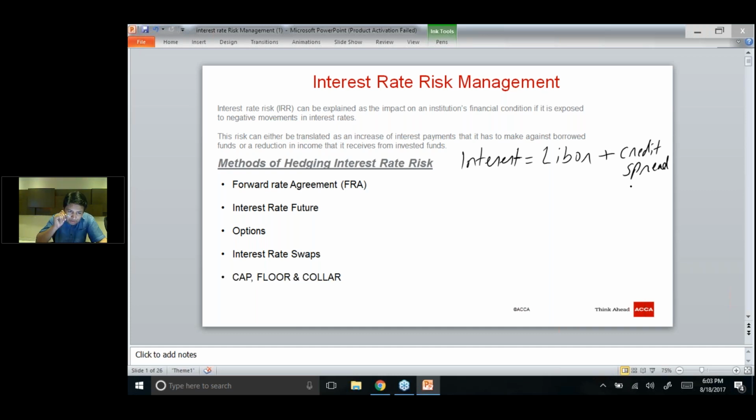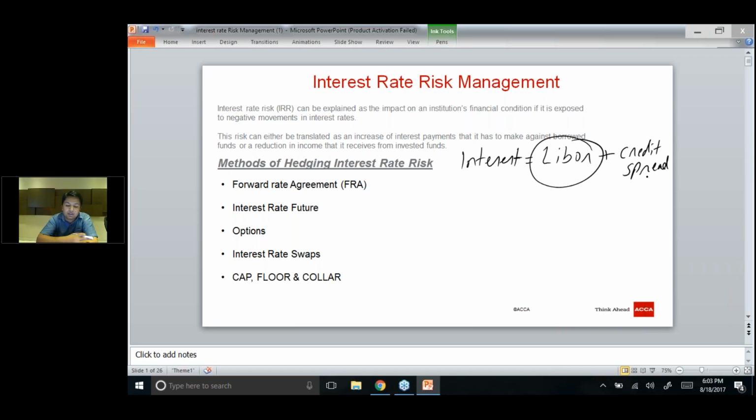So what we are going to study today is interest rate risk management. And what is the meaning of interest rate here? Only LIBOR. We are going to study only how to hedge the LIBOR. We do not hedge the credit spread.